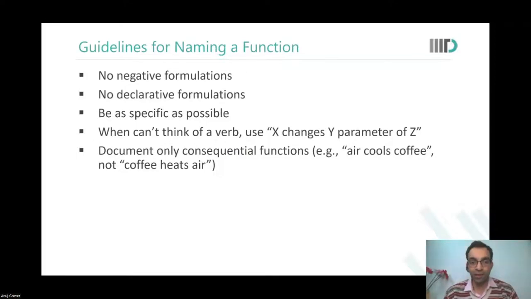So in this context, "coffee heats air" also becomes a consequential function. In fact, "air cools coffee" is inconsequential in that context.